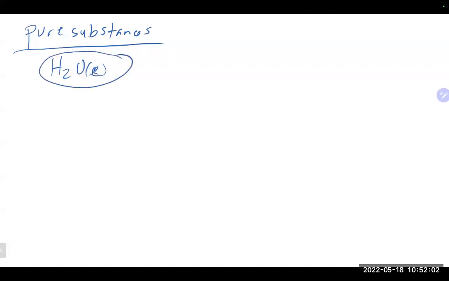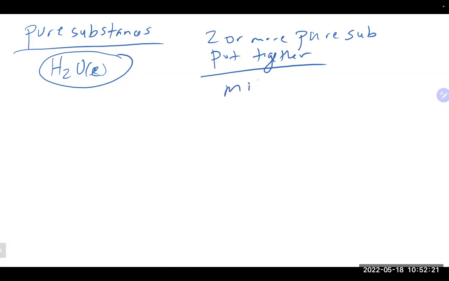When we take two or more pure substances and put them together, we get what are known as mixtures. Mixtures are a combination of two or more pure substances. The important part is that they retain their identity. Even though they may not look like they're still there, they are still there in their original form.